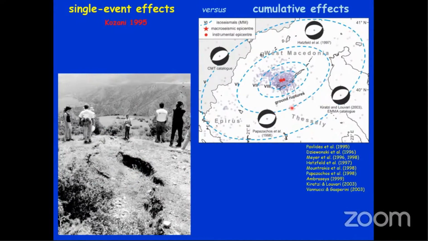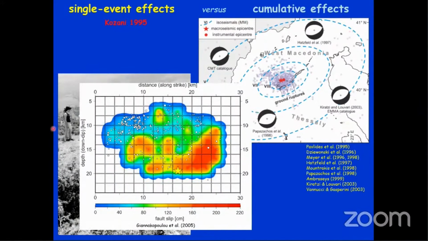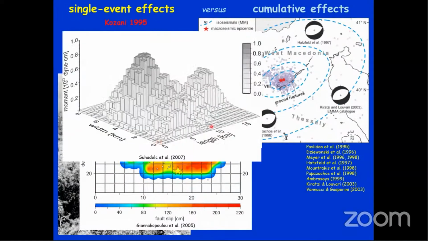We also have modeling, better constraining the dimension of the fault, length and width, the distribution of the slip with the maximum slip, the average slip, and so on. In this recent case, we also have dynamic information, nice dynamic information with the distribution of the moment release on the fault plane, for example.